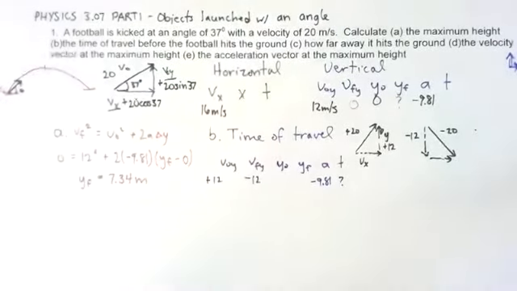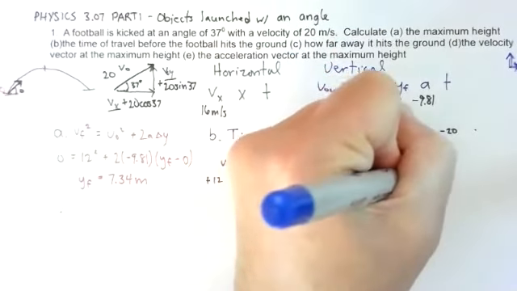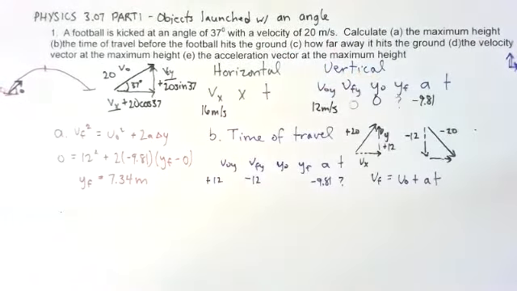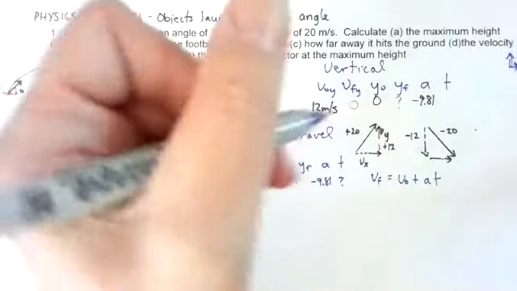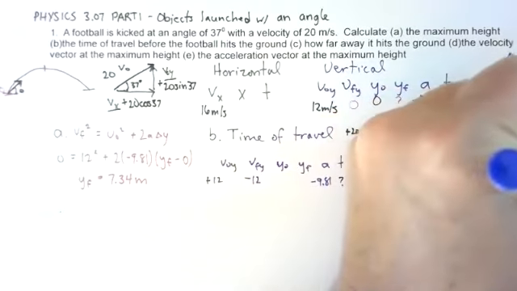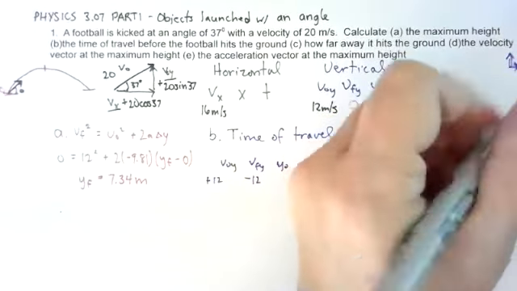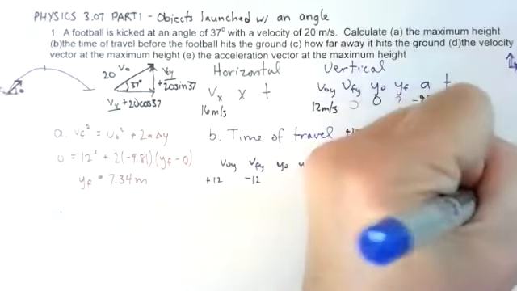These would be the 0 and the 7.35. But I can do v sub f equals v sub O plus at. When I plug in my values here, I get negative 12 equals positive 12 minus 9.81 t. And when I solve for t, I get 2.44 seconds.